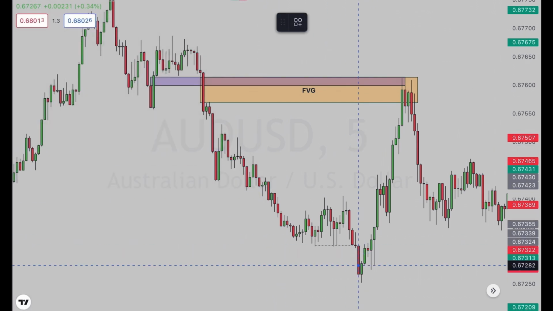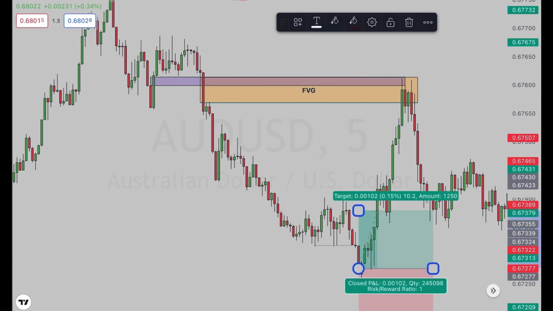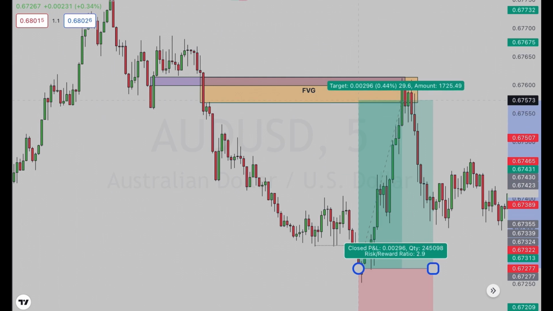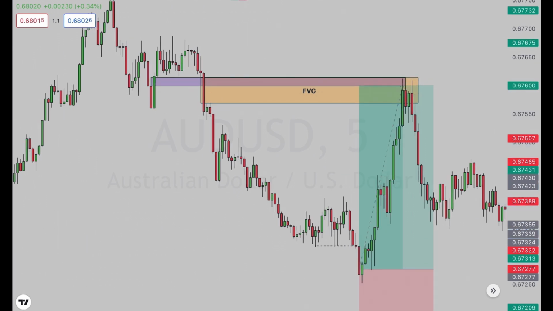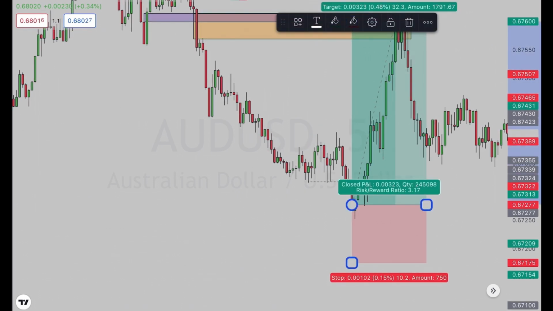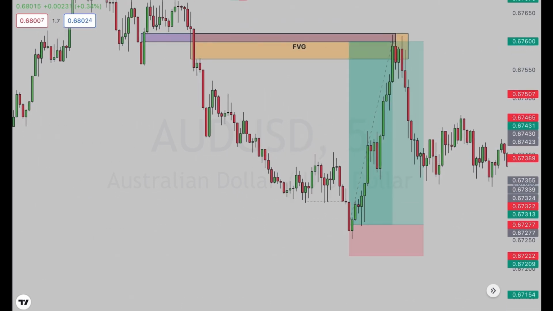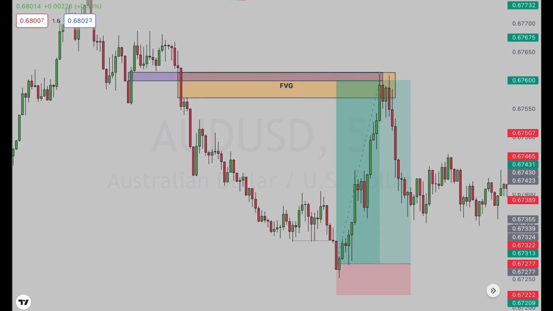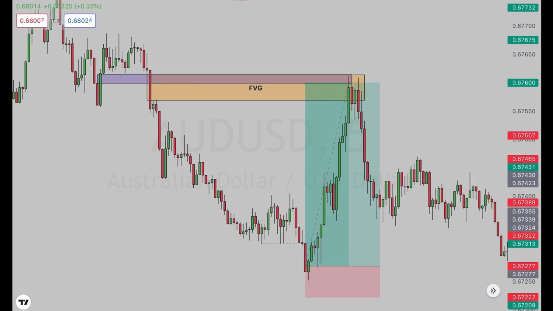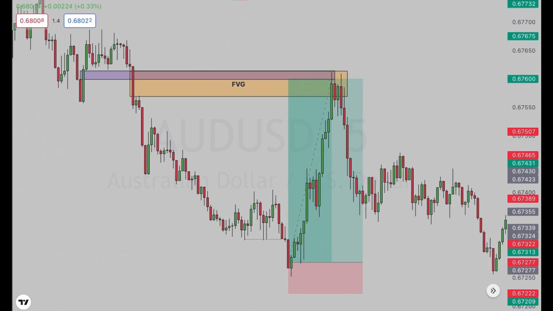So of course, when it comes to taking trades with fair value gaps, you could be on the two sides of the market. You could be trading when price goes up to the fair value gap, and you could be trading when price hits the fair value gap and moves away from it energetically.